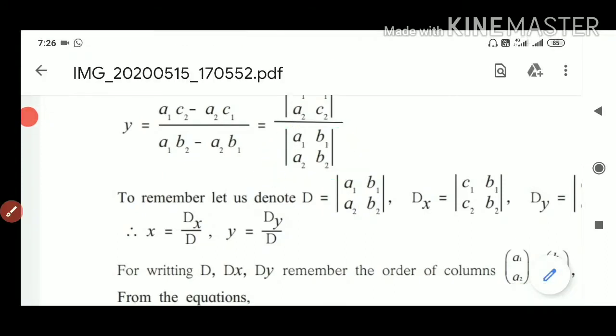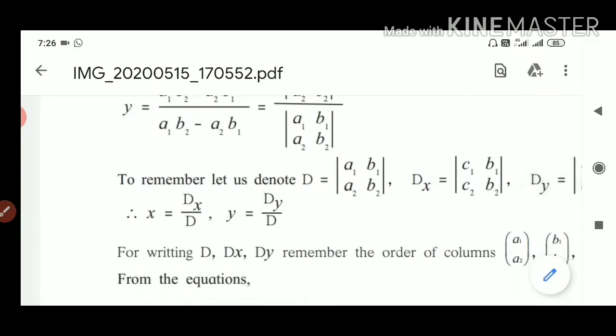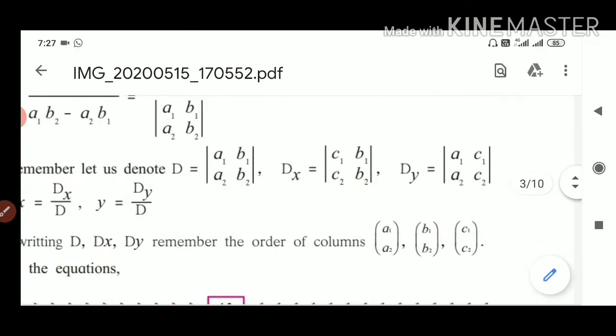Now these values of numerator and denominator of x and y are denoted by the determinant D. See, the denominator of both values is denoted by the determinant D, and the value of D is A1 A2 B1 B2, and the value of Dx is C1 C2 B1 B2, and value of Dy is equal to A1 C1 A2 C2.